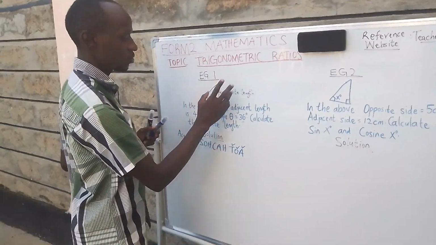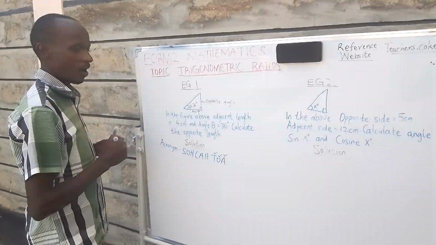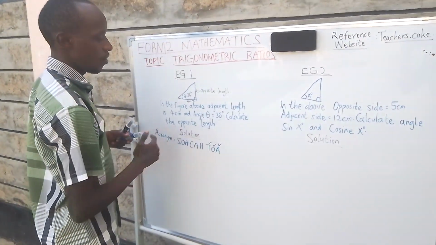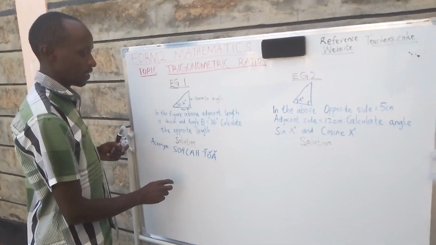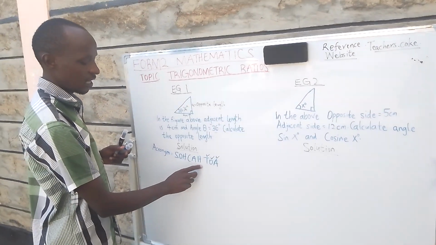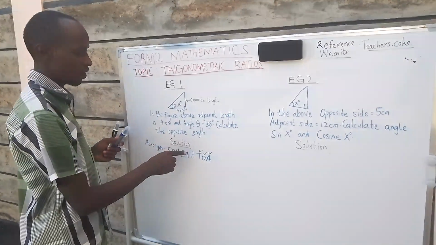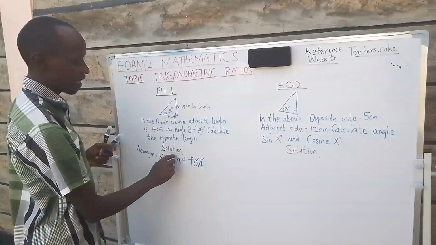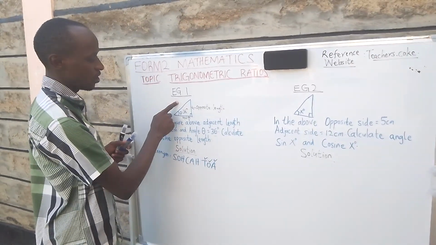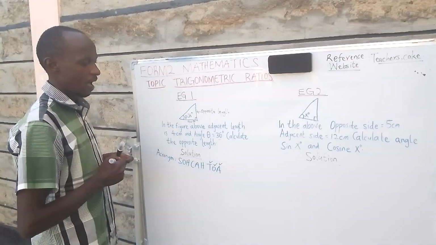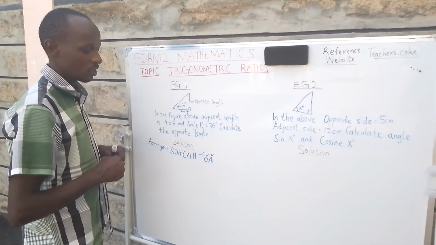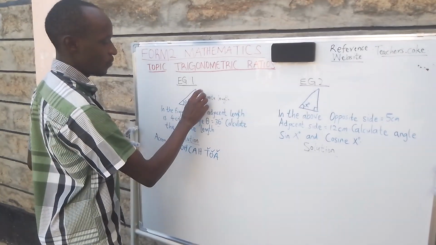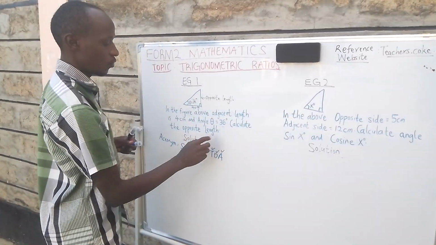We want to go direct to get the opposite length. We also cannot use cos, it will be a long way, because it's the adjacent and the hypotenuse, yet we don't have the hypotenuse. So we are going to use what we have been given so that we get the opposite length much quicker.